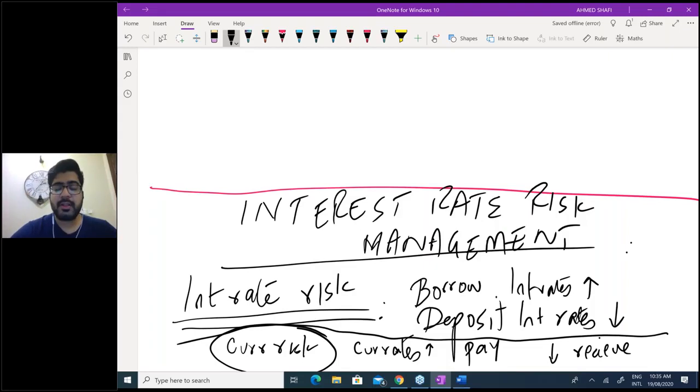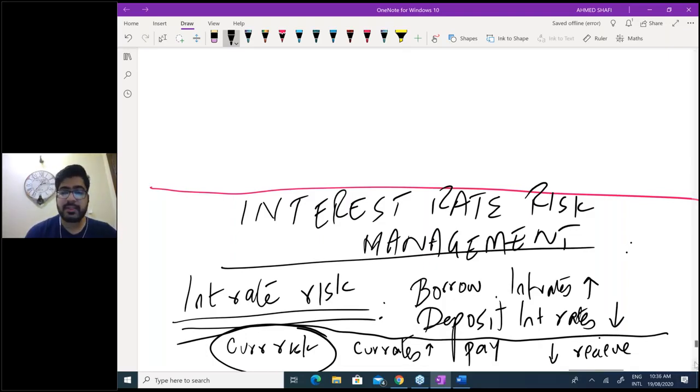For example, in January 2021, I plan to borrow some money to expand my business. I'm afraid that interest rates may go up at that time. Let's suppose I plan to deposit some money in February 2021. I'm always facing this risk that at that time interest rates may go down. So this risk that interest rates may go up if you need to borrow, or go down if you need to deposit, is called interest rate risk.